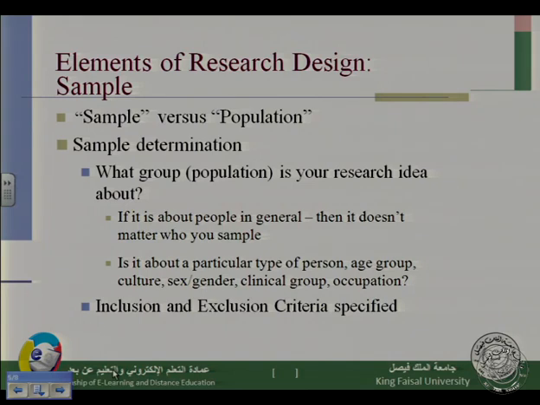Elements of research design. One element of research design is the sample, or the population, or the subjects. It depends. If you are going to conduct your study on humans, then you have subjects or population.